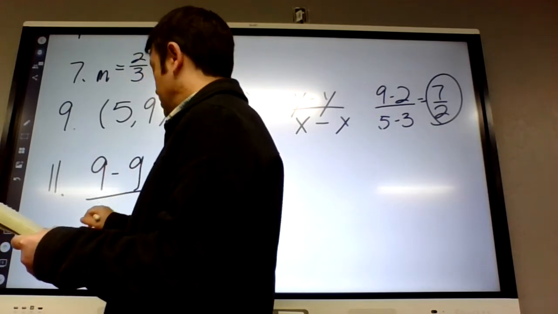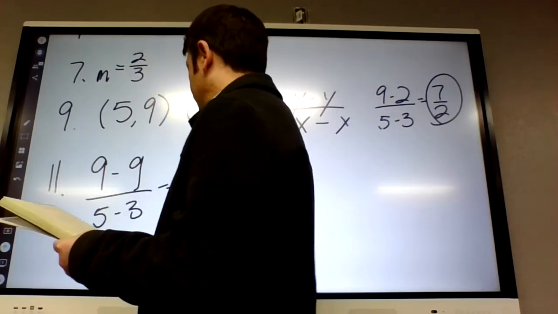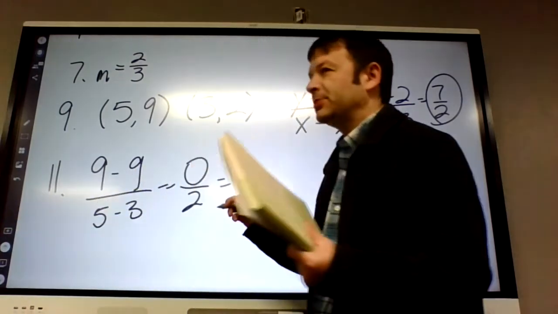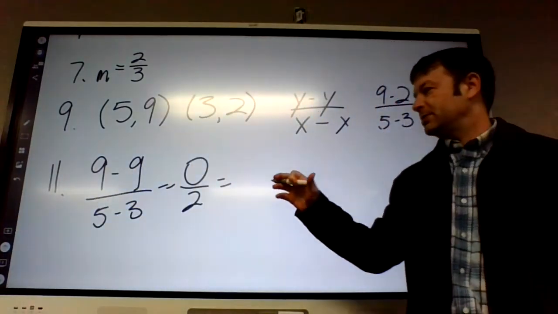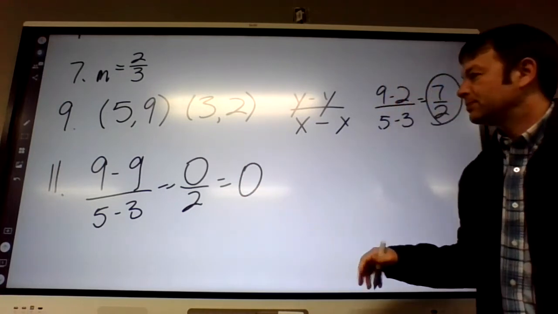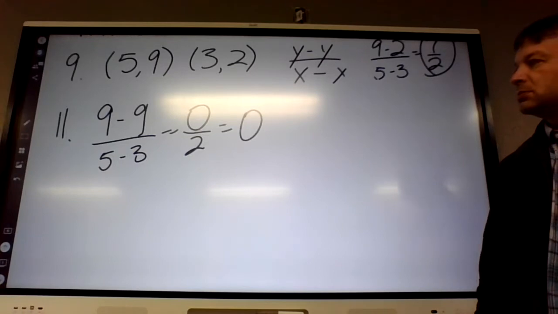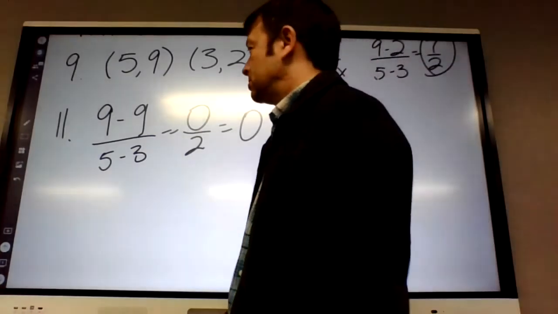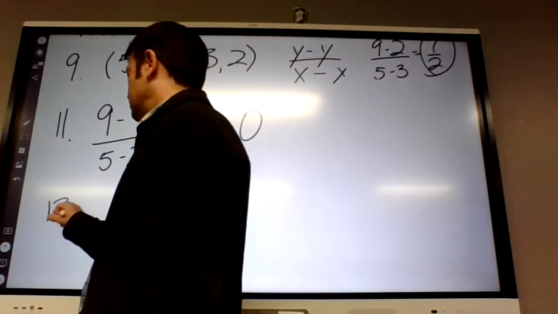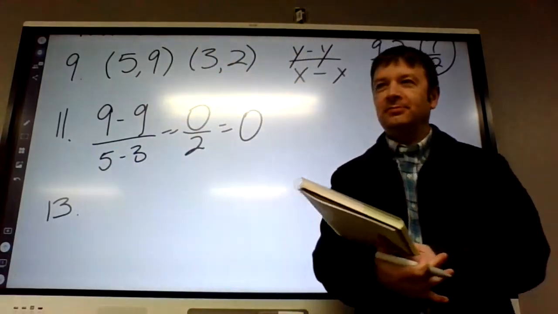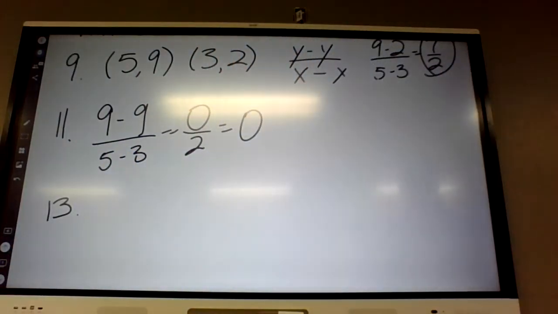So it's 0 over 2, which equals what? 0. Wait, so if I circle 0, what's the answer? Looks like a donut. So basically, if zero's on top, it's 0. If zero's on bottom, it's undefined.